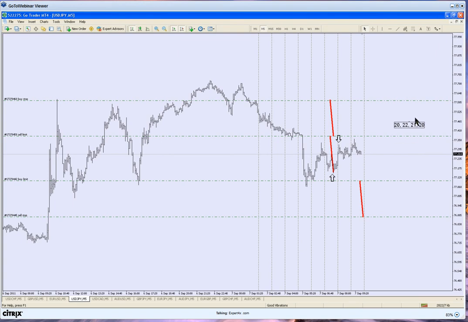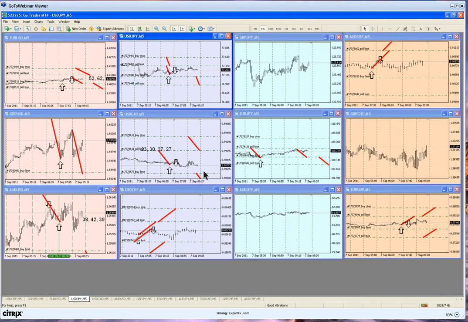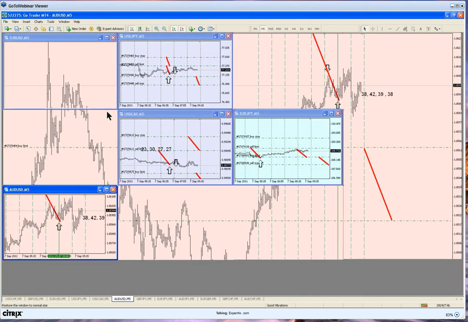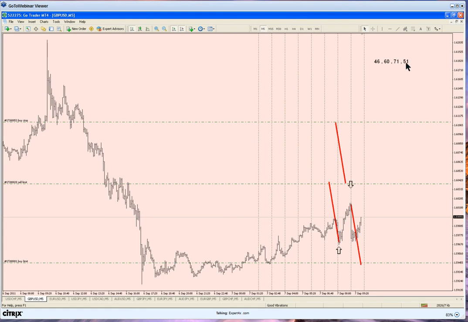Now the yen is as flat as a pancake, so you don't, but some of the other currencies you can see, let's take the Oz, that one doesn't jump around, the pound I think jumps around. It jumps from 71 to 51.